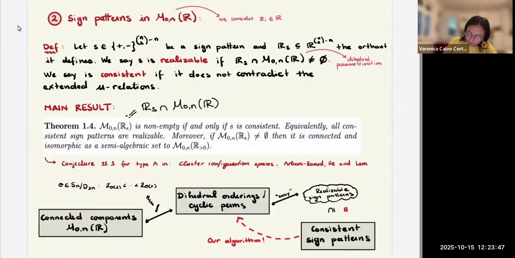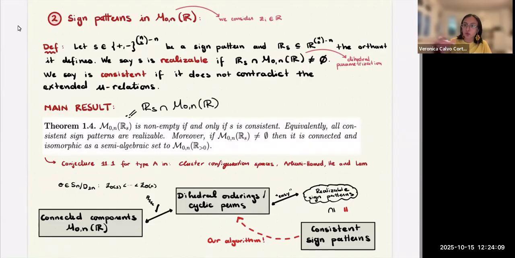But okay, I'll explain a little bit more later the details of exactly how you do this. But the big picture is that we have a lot of different dihedral parametrizations, and we can go back and forth between each of these by using the cross ratio relations.